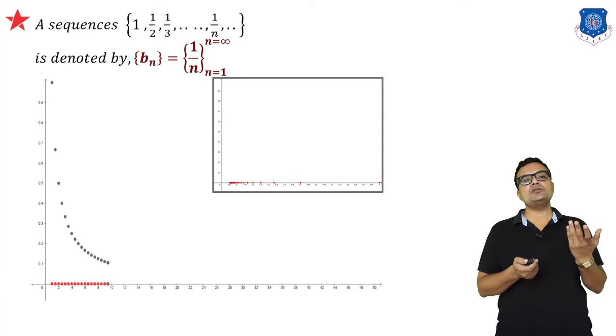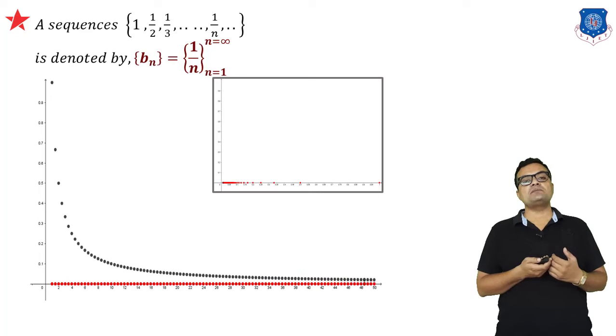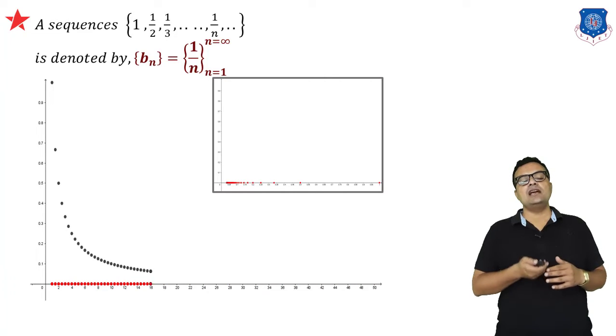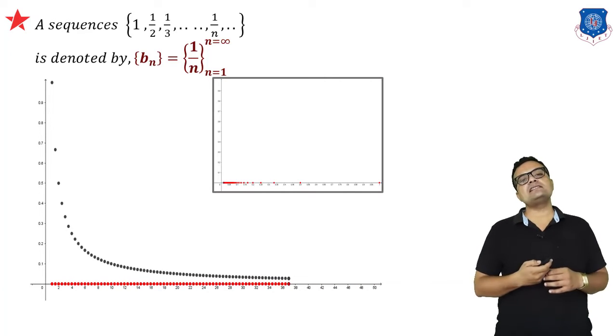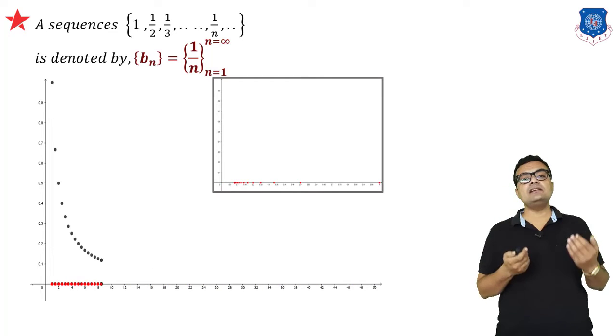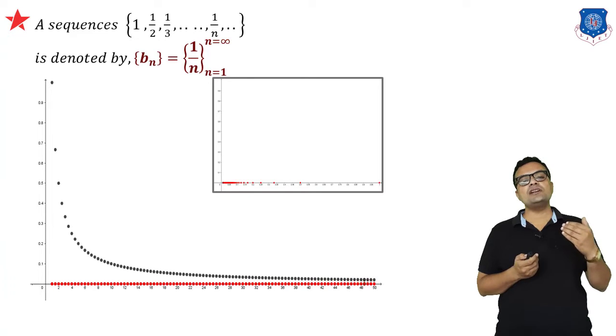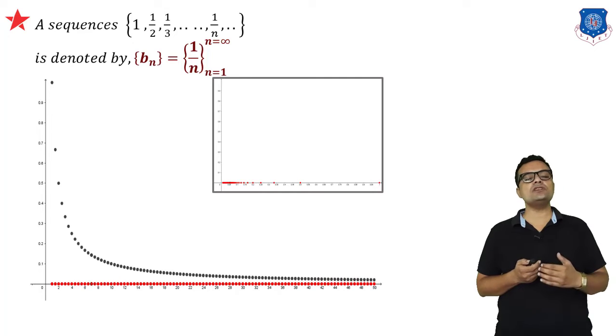Keep this picture in your mind, and again I am taking the second interpretation, in which I am taking the x-axis as index and the y-axis as the value of an. As the value of n is increasing, the value of an is decreasing, and after a certain level you will see that the value of an is reaching the x-axis. That means it is coming closer and closer to 0.